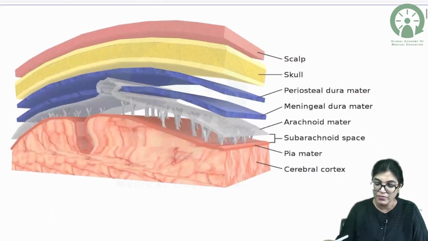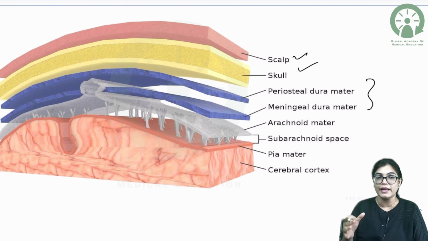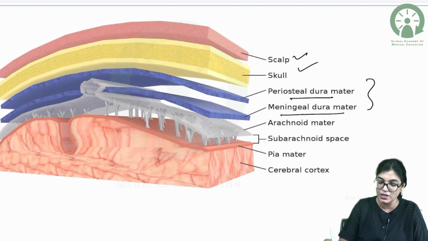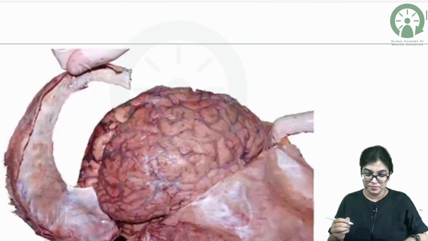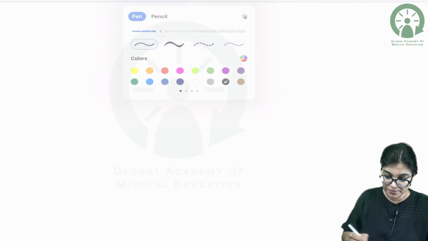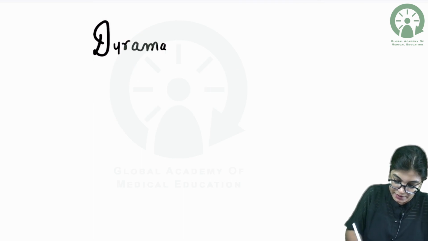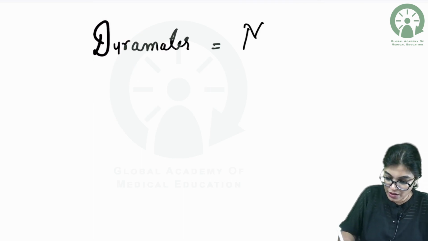Please write down. This is again showing the layers of the scalp and skull. The dura mater of the cranium has two layers: the endosteal layer on the outer aspect, and on the inner side the meningeal layer. Then we have the arachnoid mater, and then the pia mater. Firstly, please write down the introduction part. Dura mater is mesodermal in origin.